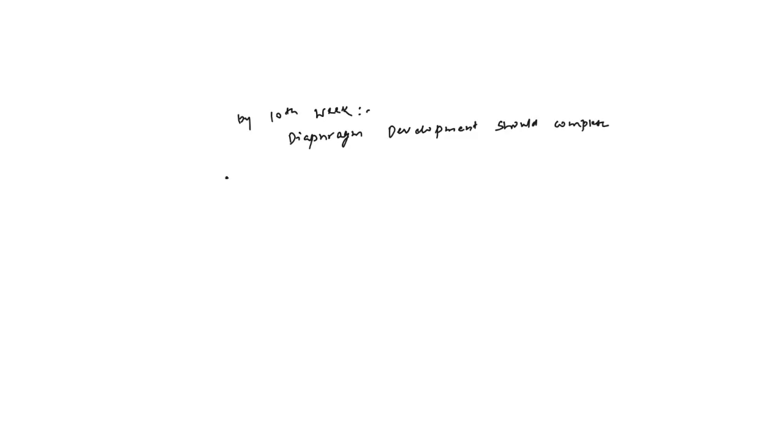So suppose there is incomplete development from septum transversum, that will cause Morgagni hernia. If the pleuroperitoneal membrane development is incomplete, that will cause Bochdalek hernia.